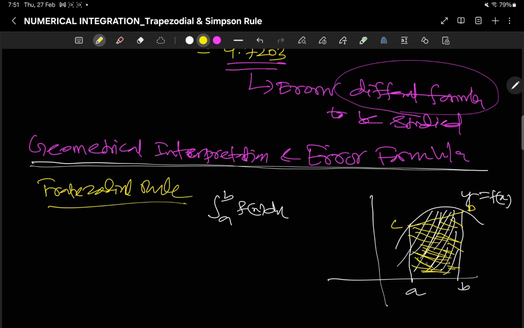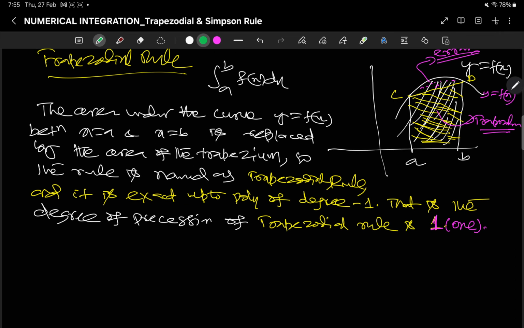So this is the geometrical interpretation and it is named as this. However, this part is my error. So what is the geometrical interpretation? The area under the curve y is equal to f(x) is replaced by the area under the trapezium ABCD.